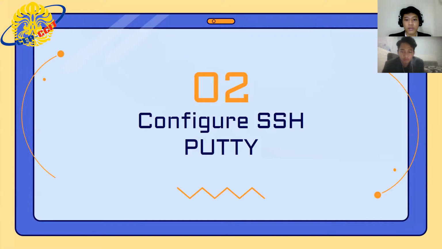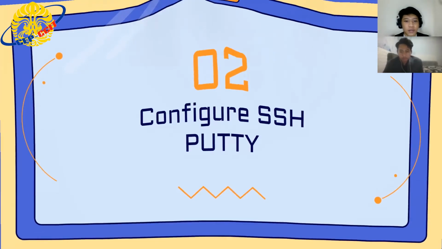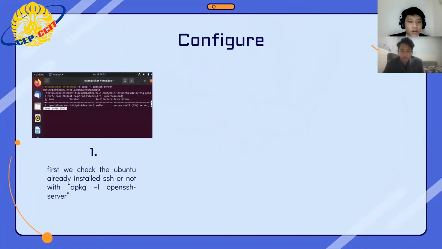And next is how to configure SSH PuTTY. First, we check in our Ubuntu whether the SSH server is already installed or not.